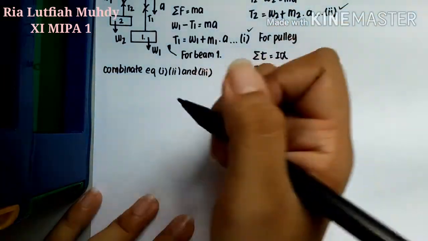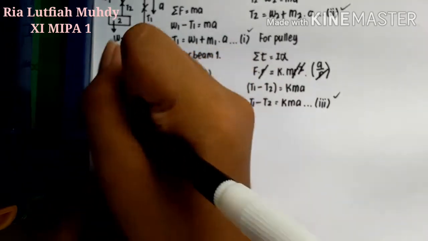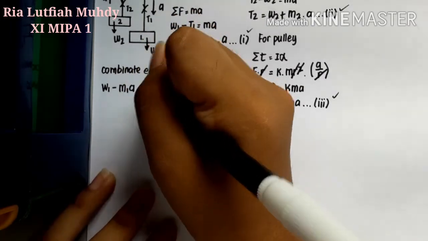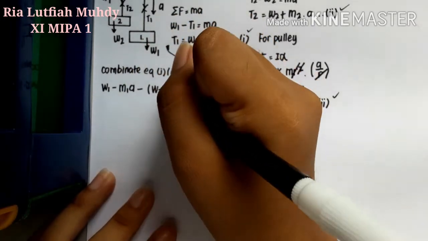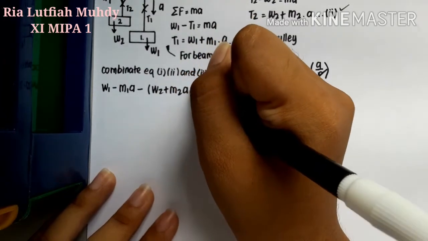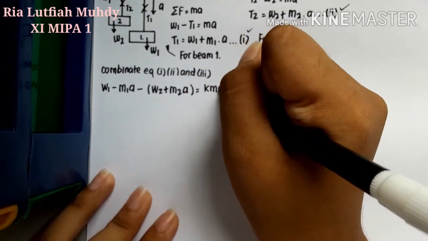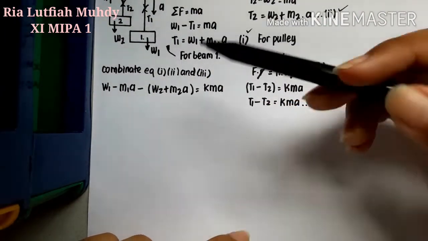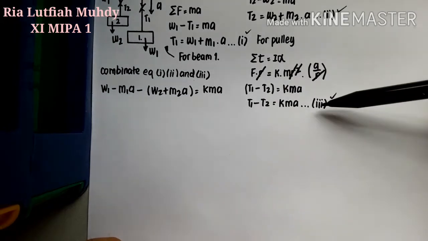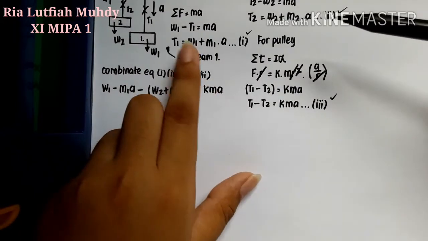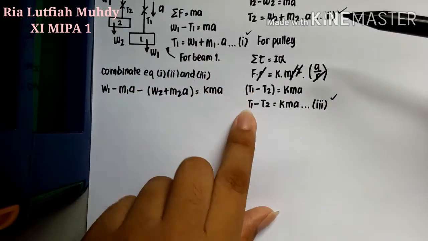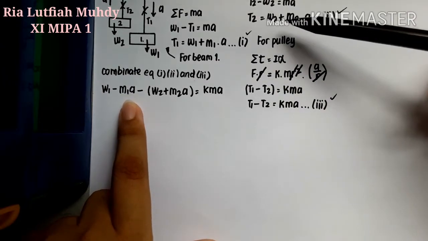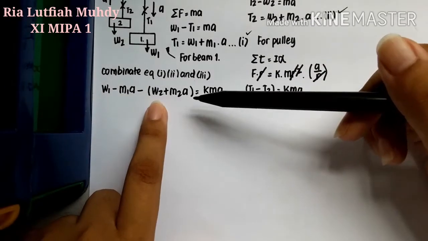So it will become weight 1 minus mass 1 times acceleration minus weight 2 plus mass 2 times acceleration equals constant times mass times acceleration. Why did I get this equation? Because we substitute the first and second equations into the third equation. Tension 1 is weight 1 plus m times a, so we substitute it in here, and then we substitute tension 2, weight 2 plus m2 times acceleration, so it will be like this.